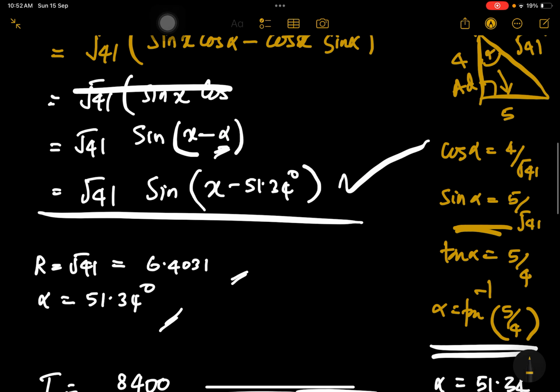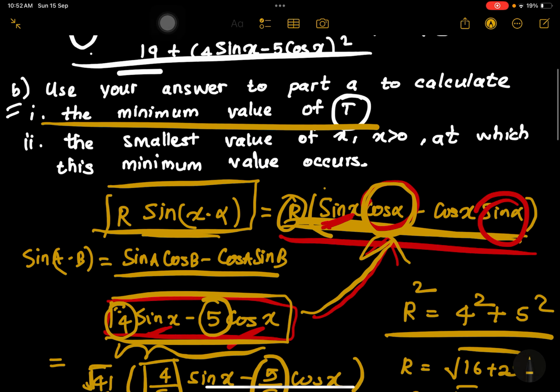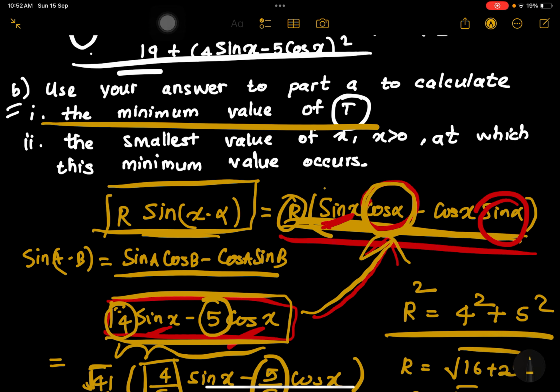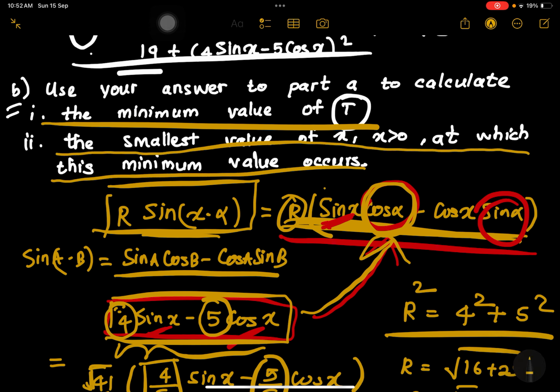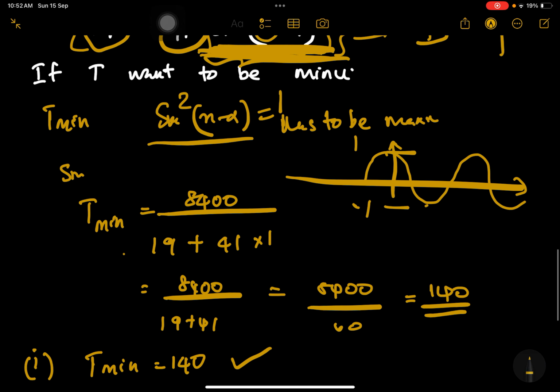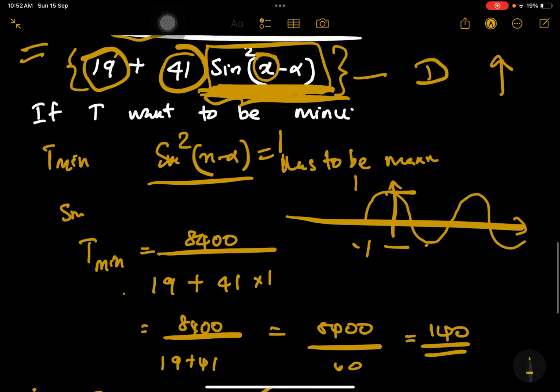Let's move on to the second part: the smallest value of x, x greater than 0, at which this minimum value occurs. They are asking what the x value is when t minimum happens.